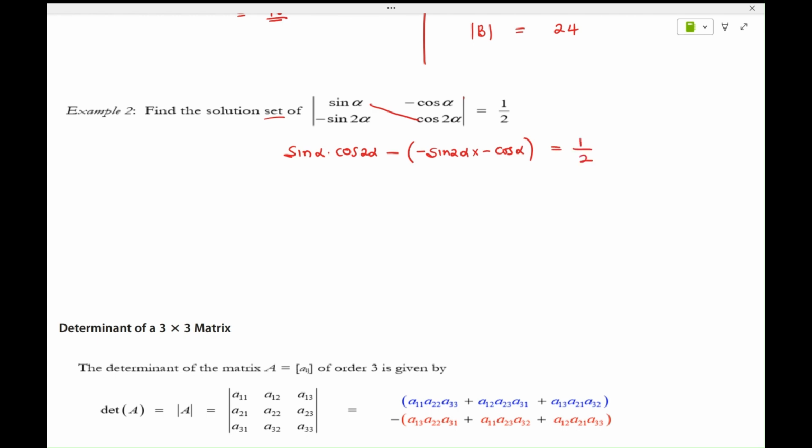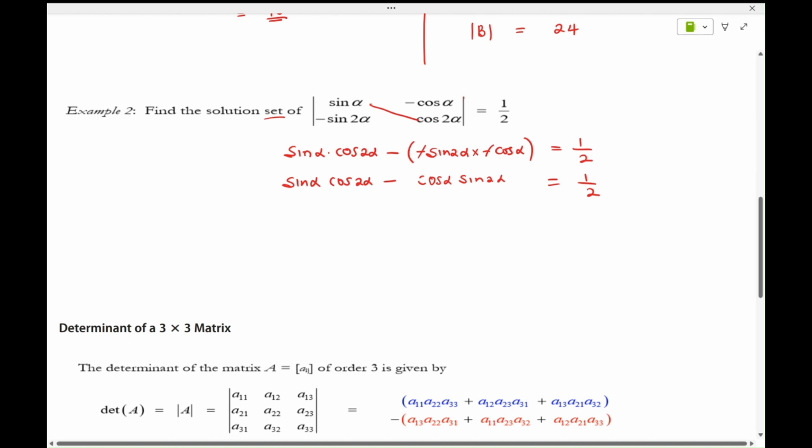Now if you look carefully, you will see you can write this as sine alpha cosine 2 alpha. This minus and minus will go, so this will just be minus, and this you can rewrite as cosine alpha sine 2 alpha. This is equal to this, so you can remove this bracket actually. There's no need.